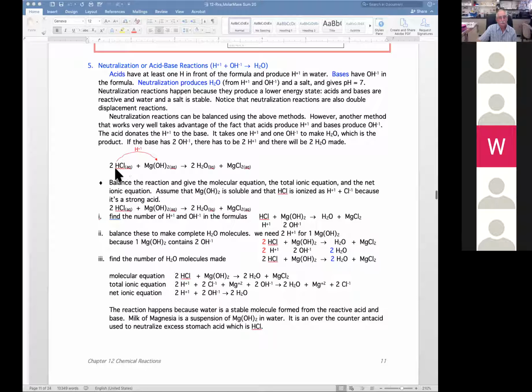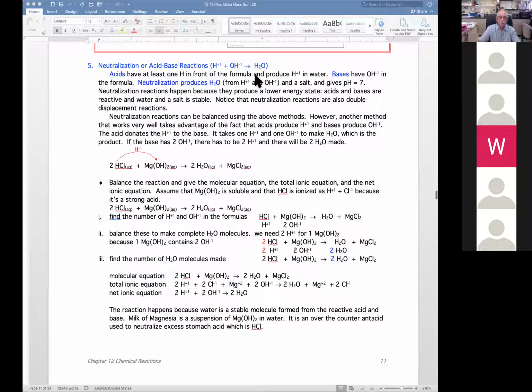Acids have at least one hydrogen in front of their formula, and they donate H+. Bases, at this point, we only know that bases have hydroxide in their formula. And if you take H+ and OH- and put them together, they fall in love and make a very neutral and simple molecule, water. So this is reactive, this is stable. That's why the reactions happen.